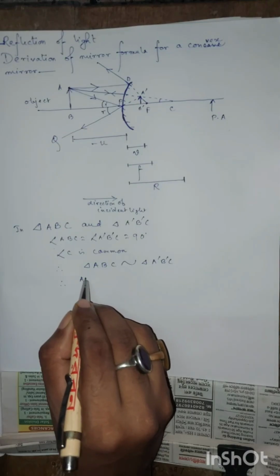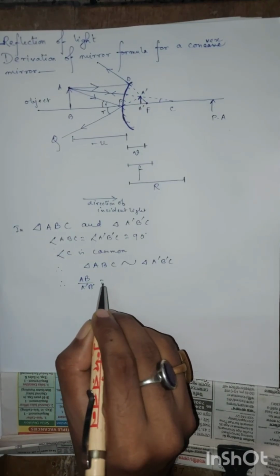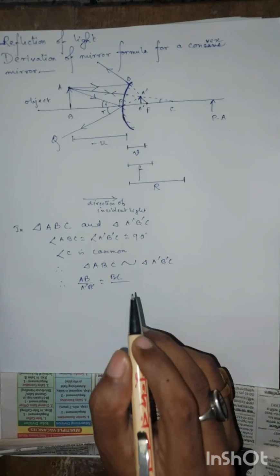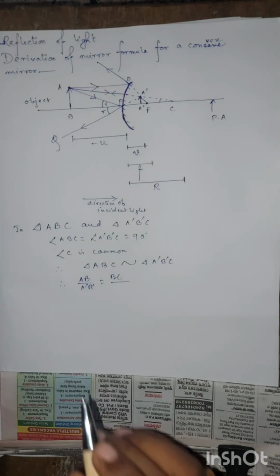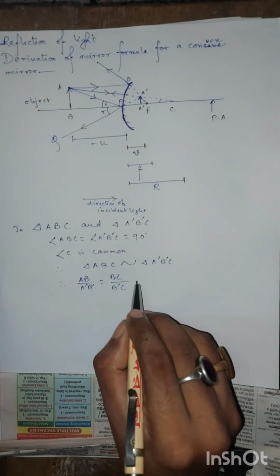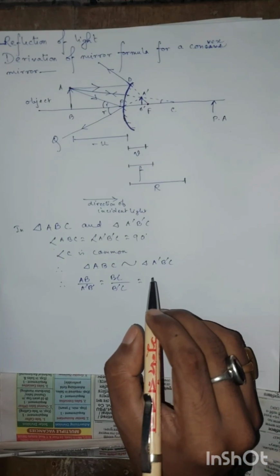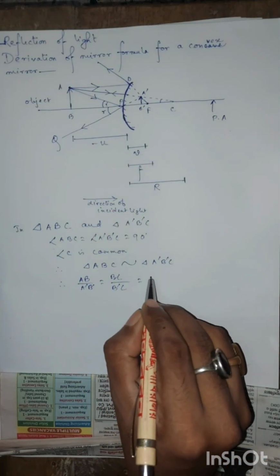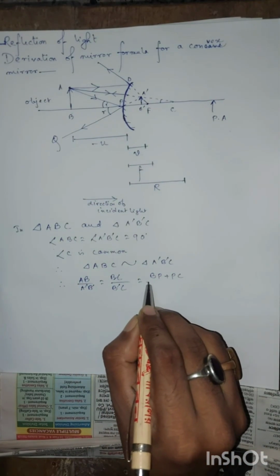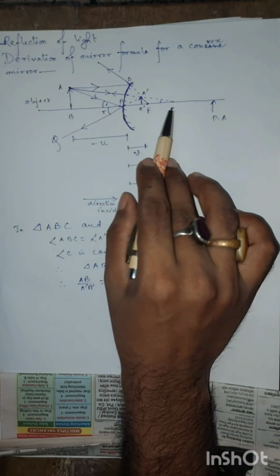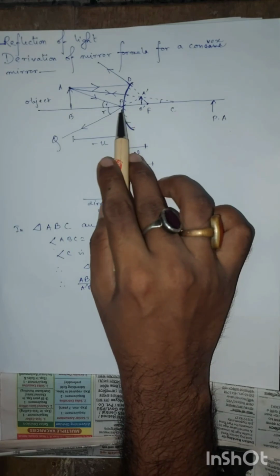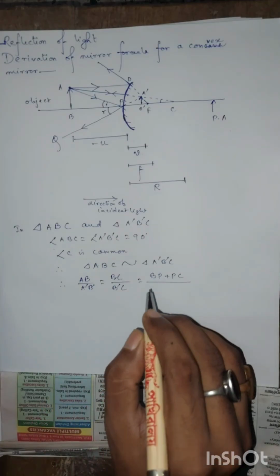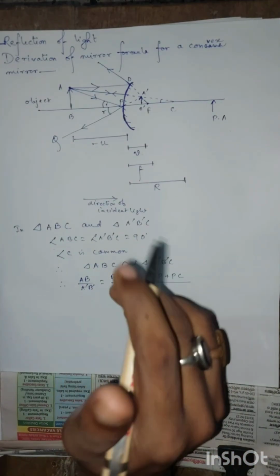So AB by A dashed B dashed is equal to BC by B dashed C. BC is equal to BP plus PC, and B dashed C is equal to PC minus PB dashed.